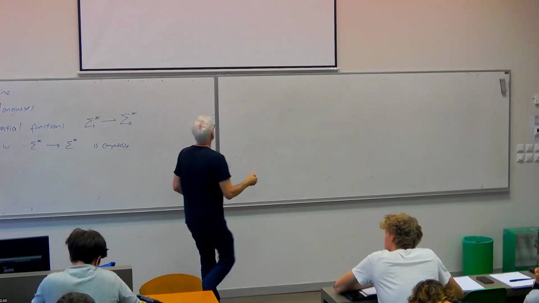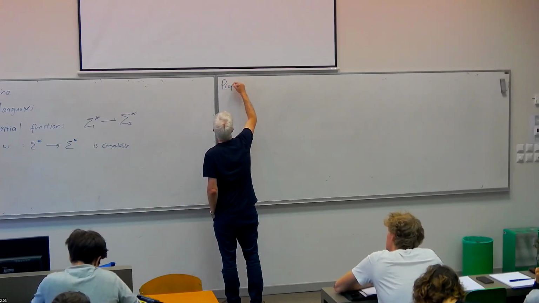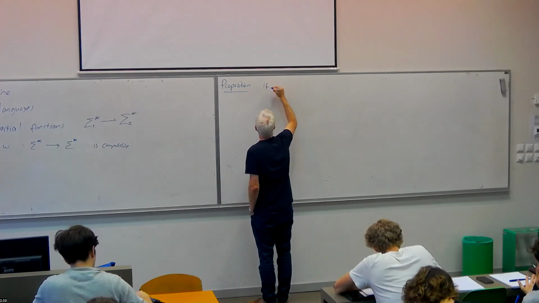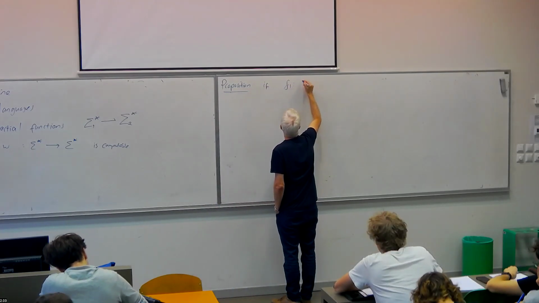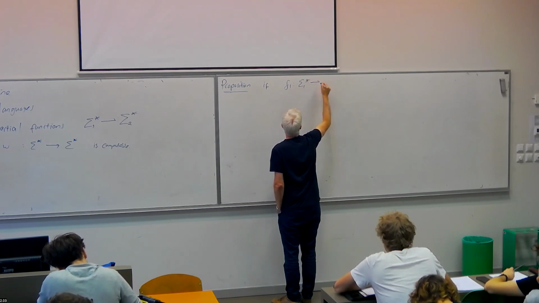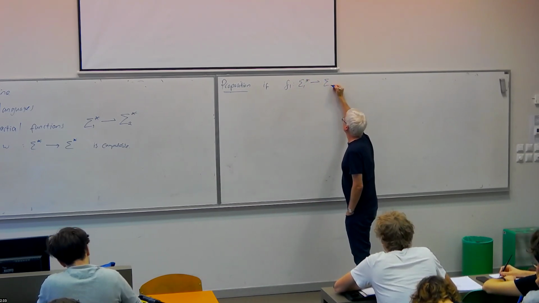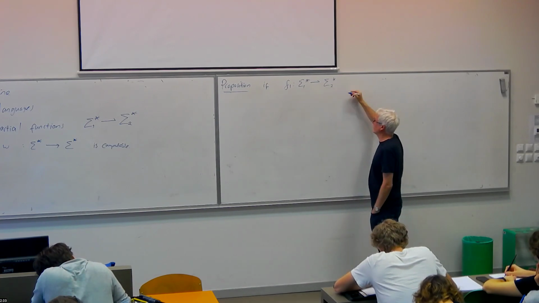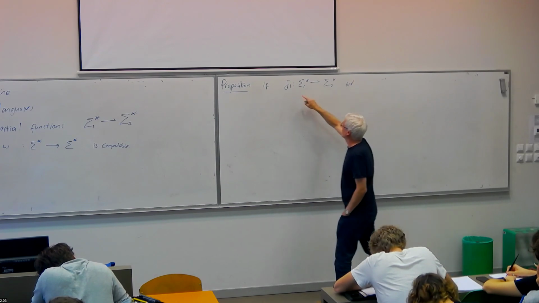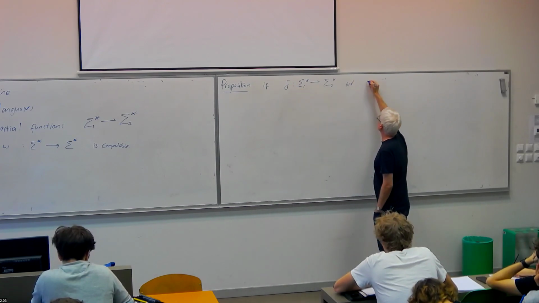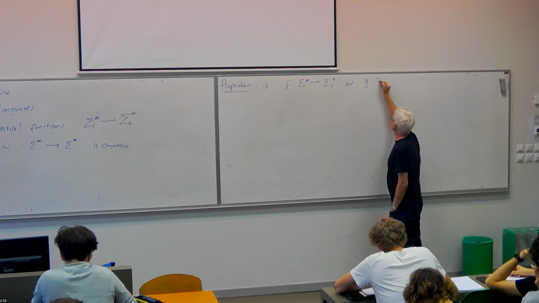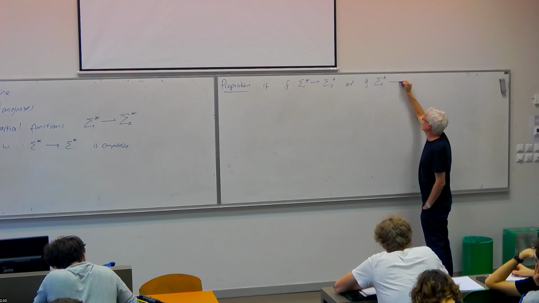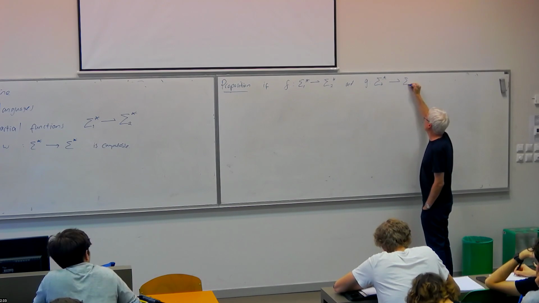Which is a proposition: if we have a computable partial function from words over one alphabet to words over another, let's call it F, and G is a computable partial function from words over the second alphabet to words over a third alphabet.